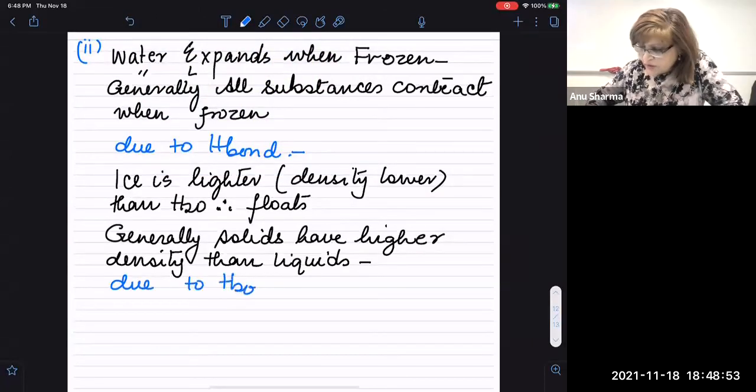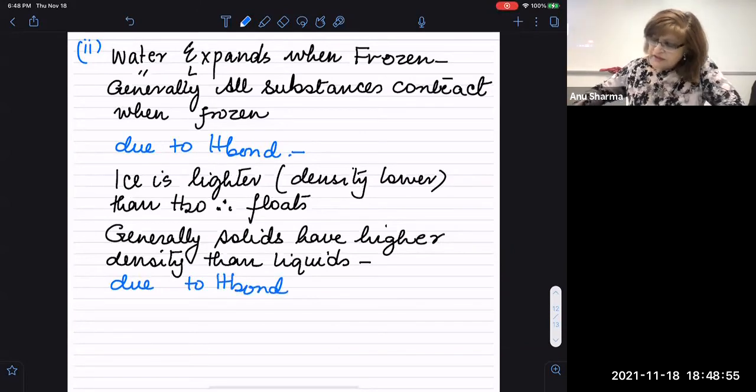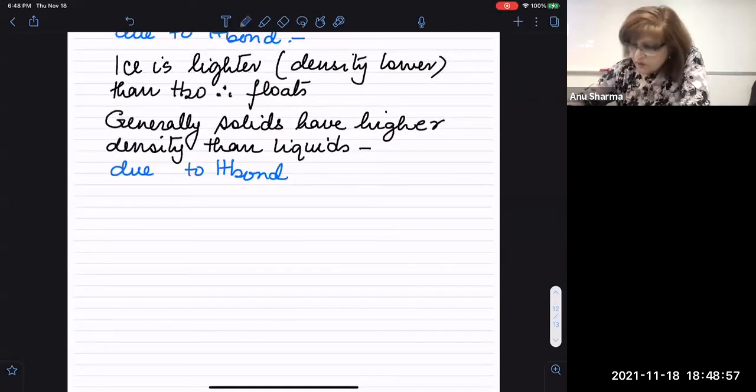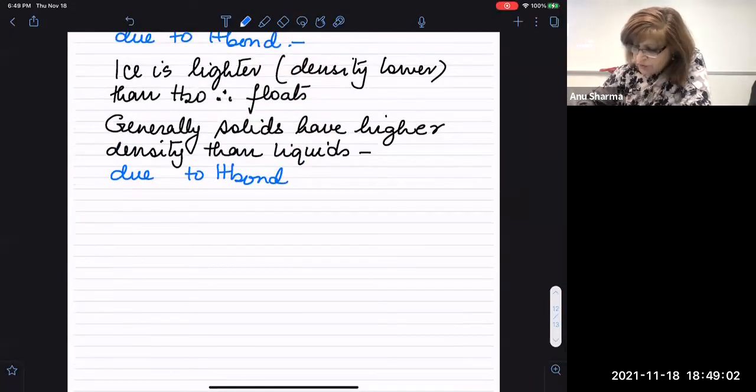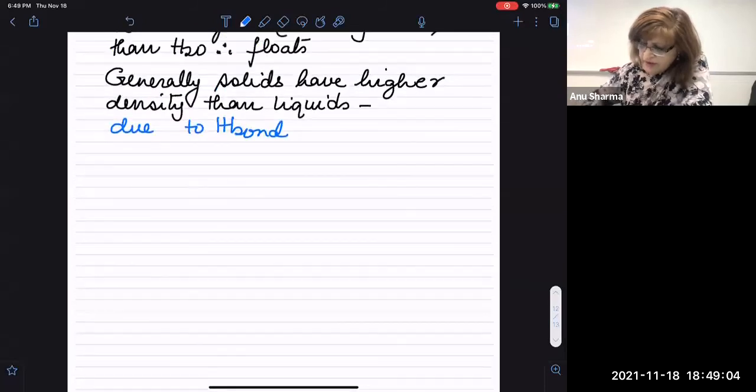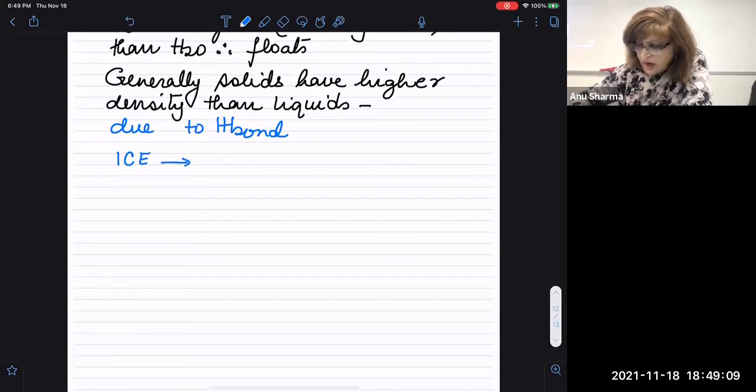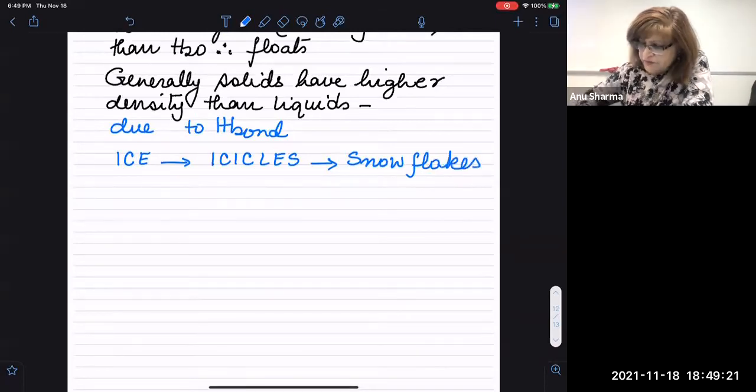Now what does this mean? So here's the thing, they haven't drawn this diagram in your book, but think about it. Icicles are like those snowflakes, right? If you see, most of them are still hexagonal shapes, but the shapes are different.